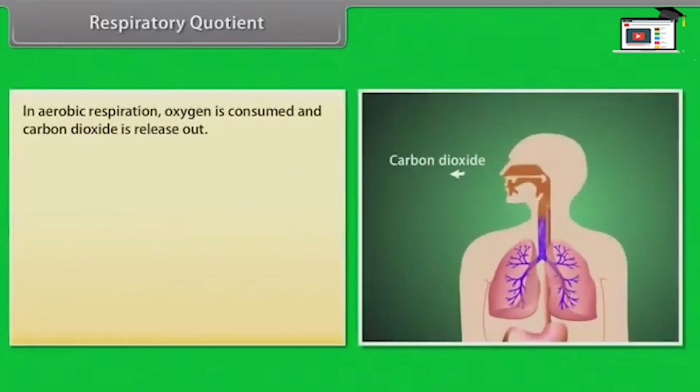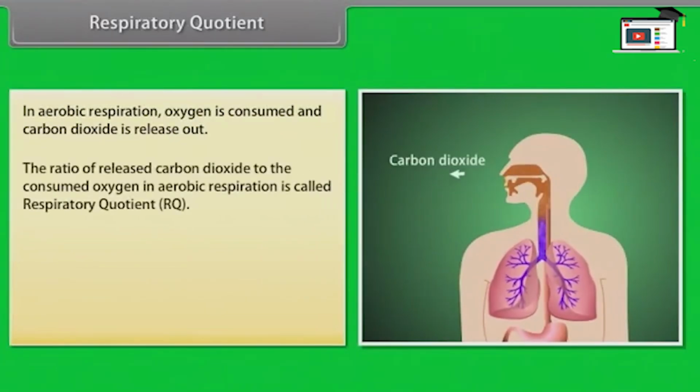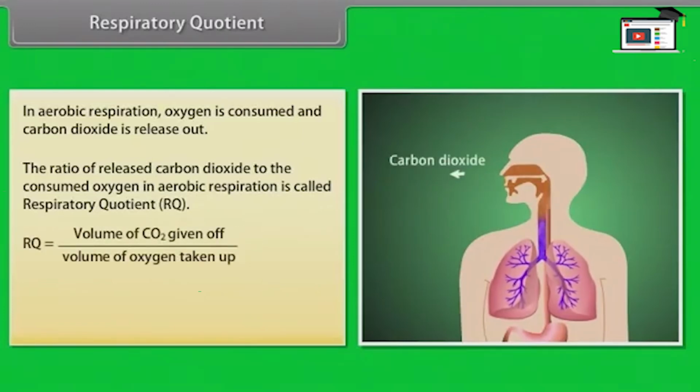In aerobic respiration, oxygen is consumed and carbon dioxide is released out. The ratio of released carbon dioxide to the consumed oxygen in aerobic respiration is called respiratory quotient. RQ is equal to volume of CO2 given off upon volume of oxygen taken up.